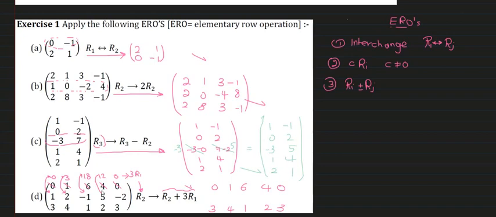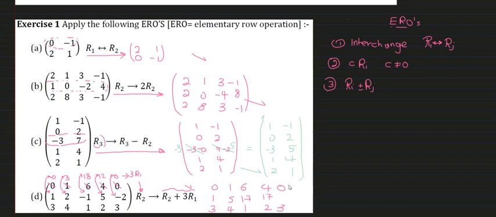So it's 3 row 1 and row 2. Let's add the results. 0 plus 1, this is 1. 3 plus 2, this is 5. 18 minus 1, that is 17. 12 plus 5, this is 17.